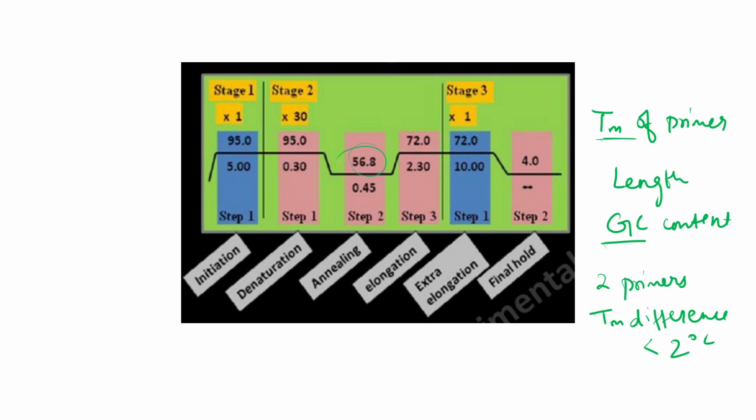We cannot have 2 different annealing steps, so the annealing step is common for both primers. The melting temperatures should be close to each other, and the primers generally anneal at a temperature that is 5 degrees Celsius different from the melting temperature.